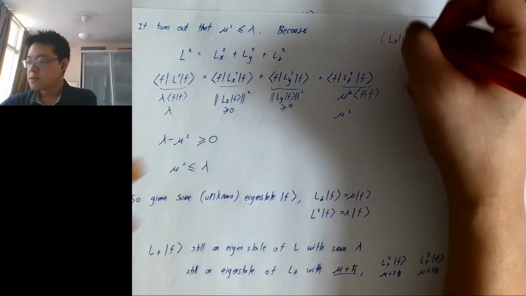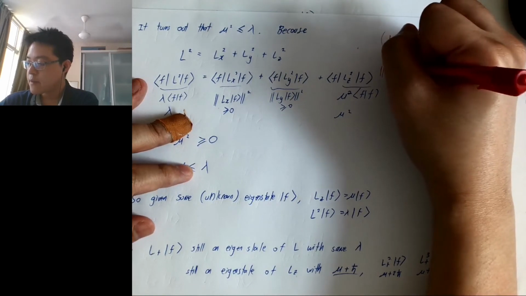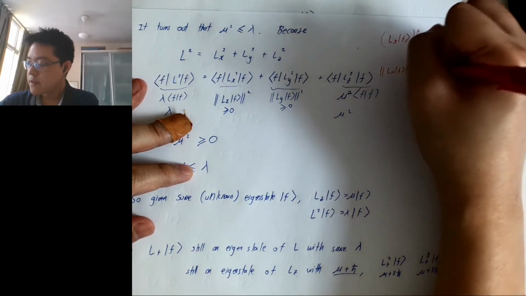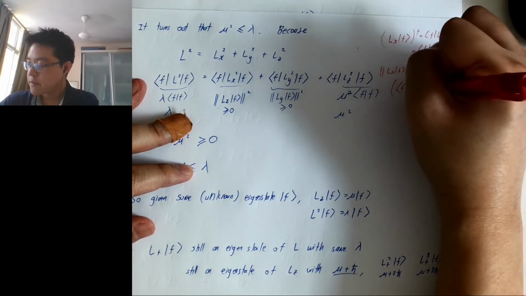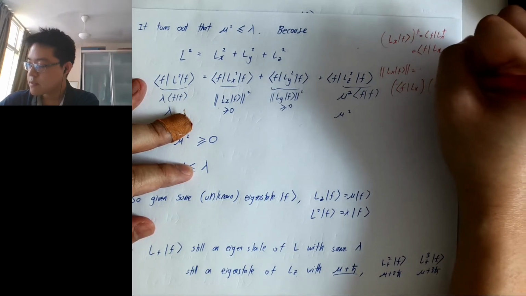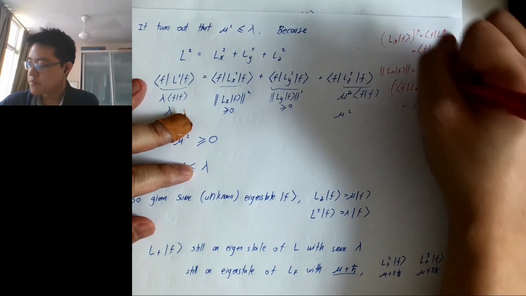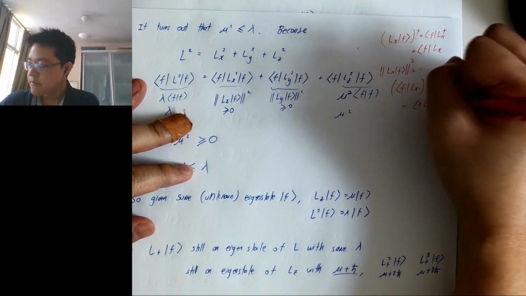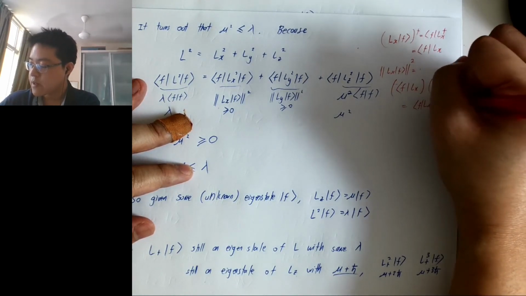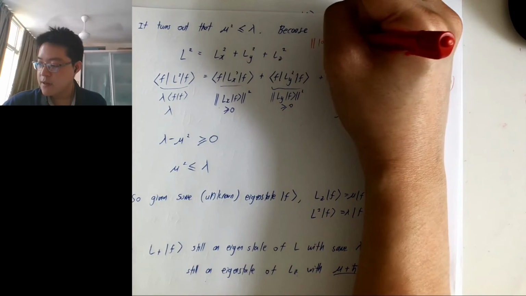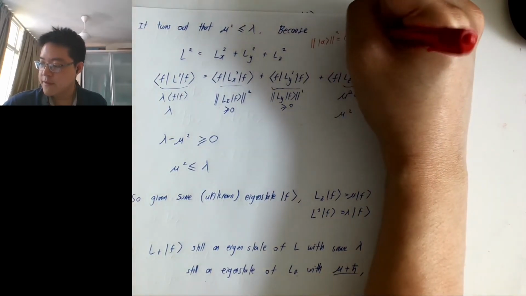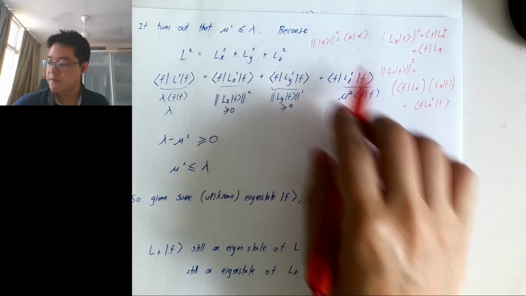So the norm square of Lx f is equal to f Lx squared f. This is how you get the norm: to take the norm of a vector alpha, the norm square is alpha alpha, and I replace alpha with Lx f.